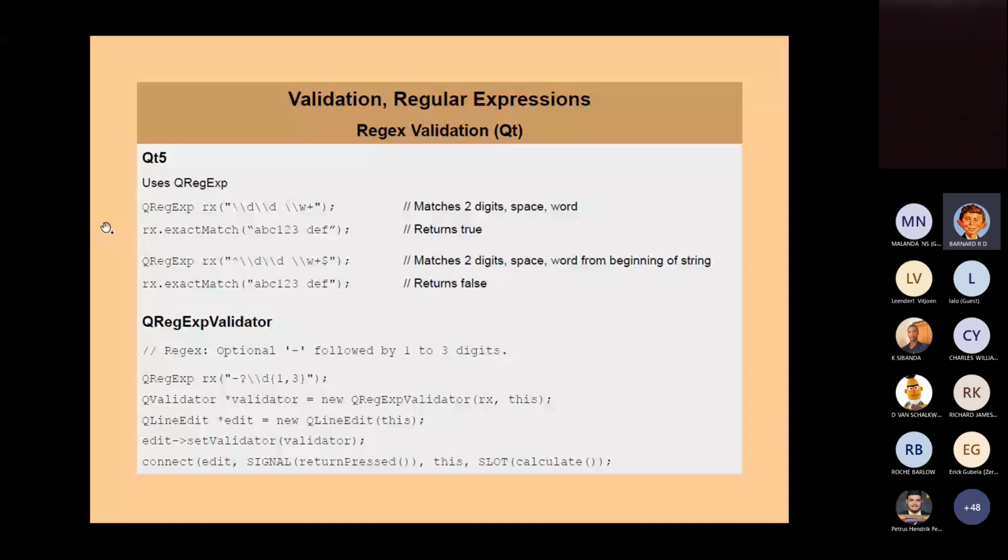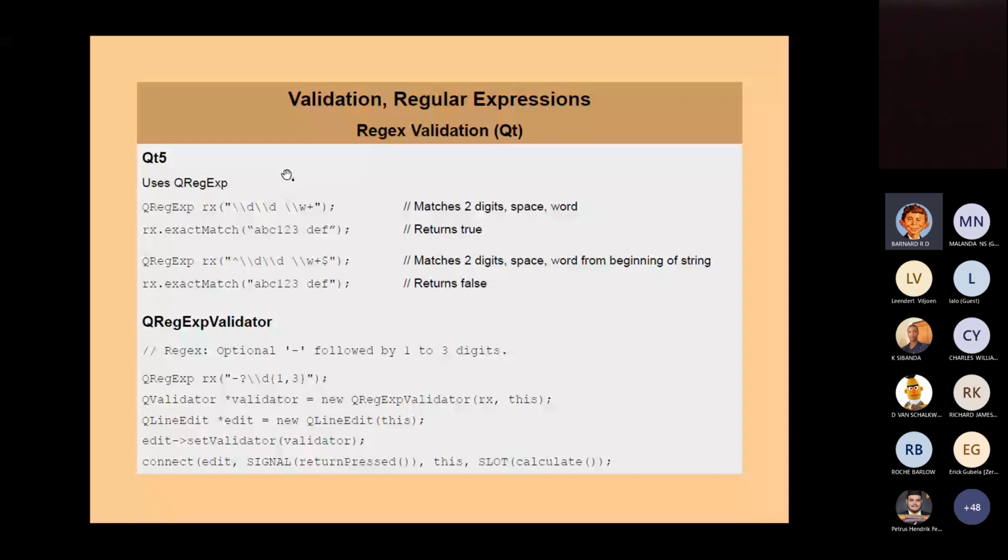Okay, then moving on to regular expression validation and how to use them. This is an example in QT5. As I said before, in QT5 you can still use Regex, but please don't use it, because regular expression is available in QT5 and it's all that you can use in QT6.